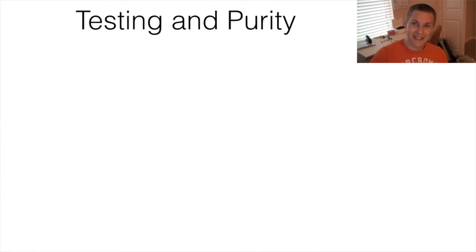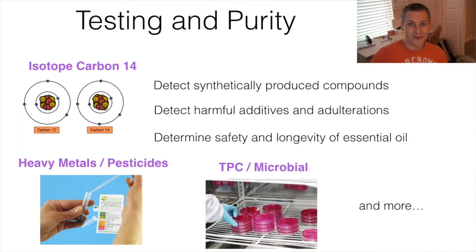So those are all the main tests. I just want to mention a few other tests that are very helpful and interesting to mention here. Carbon-14, we always hear about carbon-14 when it comes to dating ancient artifacts. So that's how it's usually used, and this is how it's used in testing essential oils as well. The theory is that different levels of carbon-14 an object has indicates when that object, or when the substances in that object were alive, essentially when plants were pulling carbon out of the atmosphere as opposed to carbon that's found naturally in the soil.